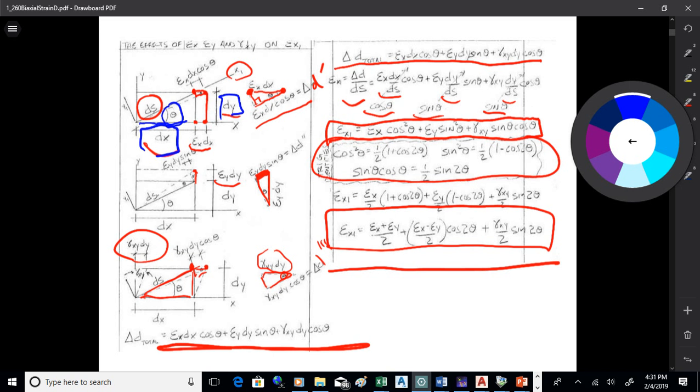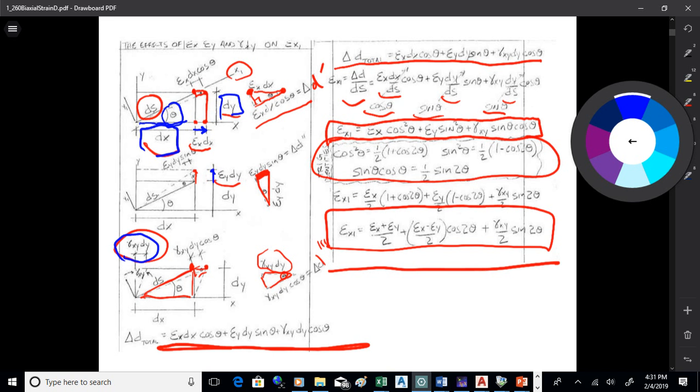What we want to do here is look at three different things we could do to that rectangle. We can stretch it out in the x direction, in which case the length of that stretching would be epsilon x times dx, the strain times the original length. We can stretch it out in the y direction, epsilon y dy, or we can cause some shear strain in it, gamma xy dy.